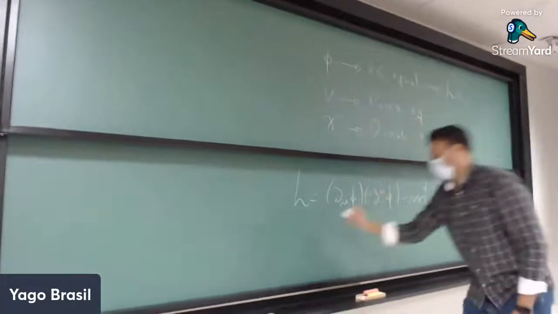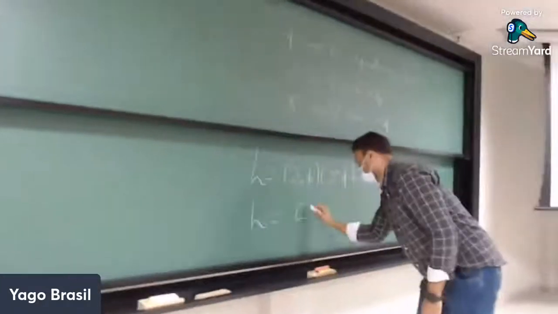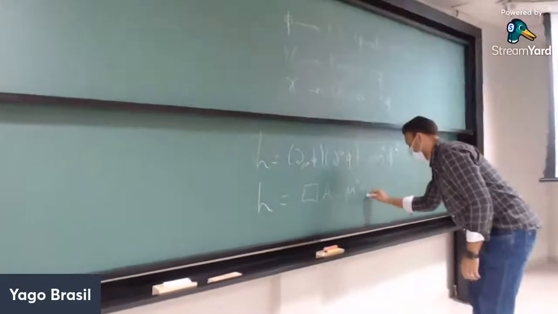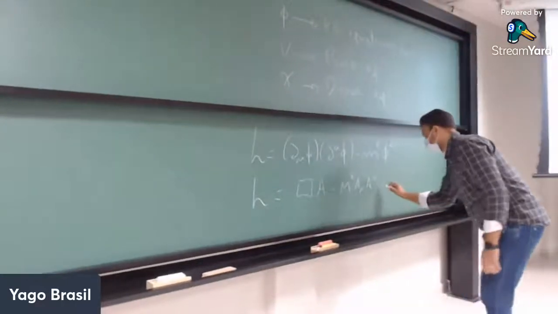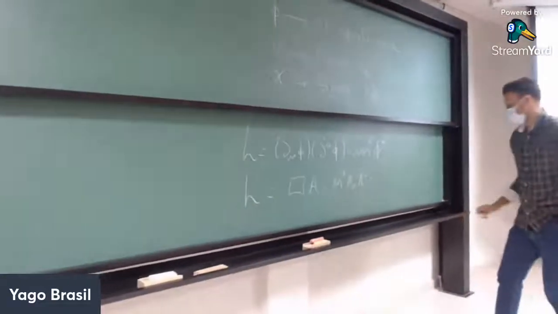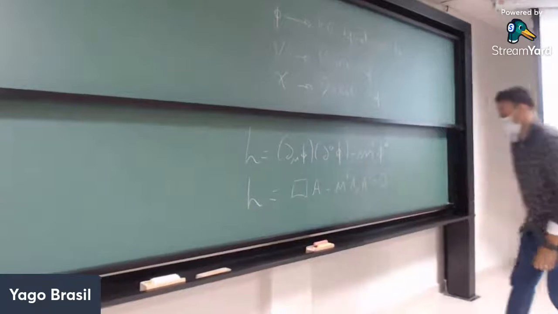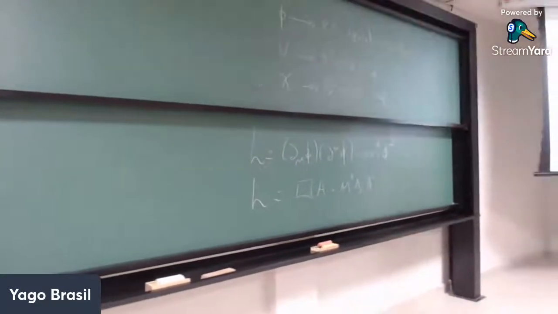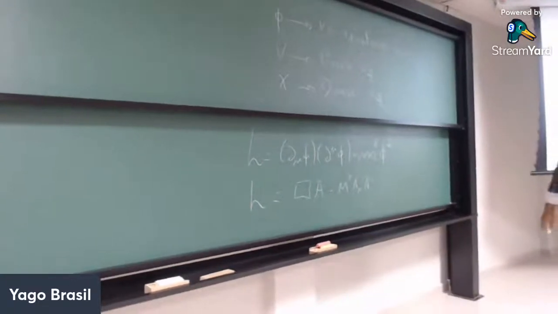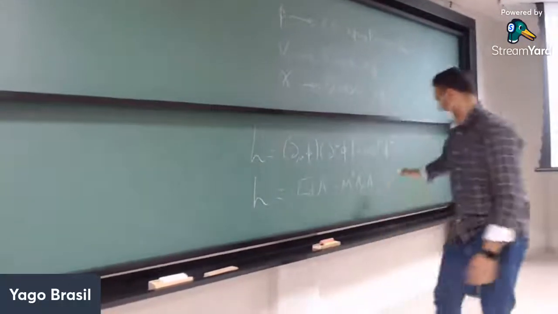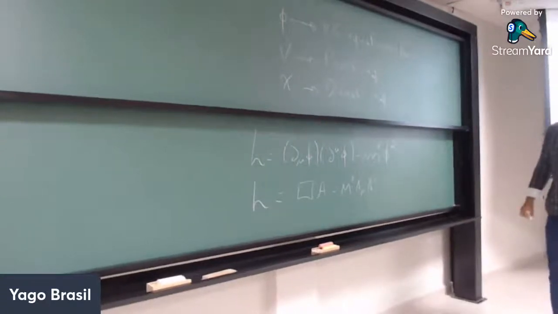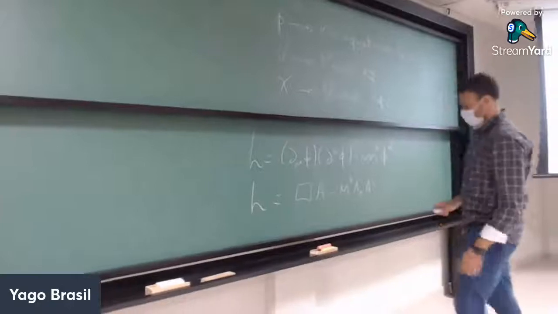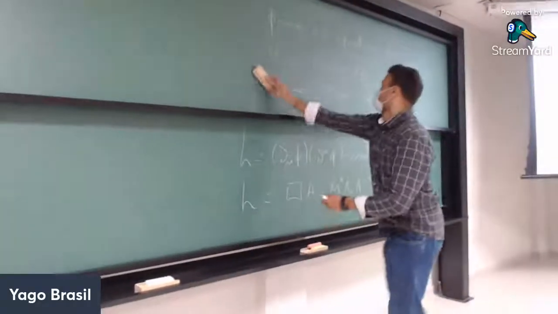And the same for the Proca equation, which is box A minus m squared A mu equal 0. So you cannot put a Lagrangian on the left side if it's equal to 0. And the Dirac equation, I'm going to erase this.